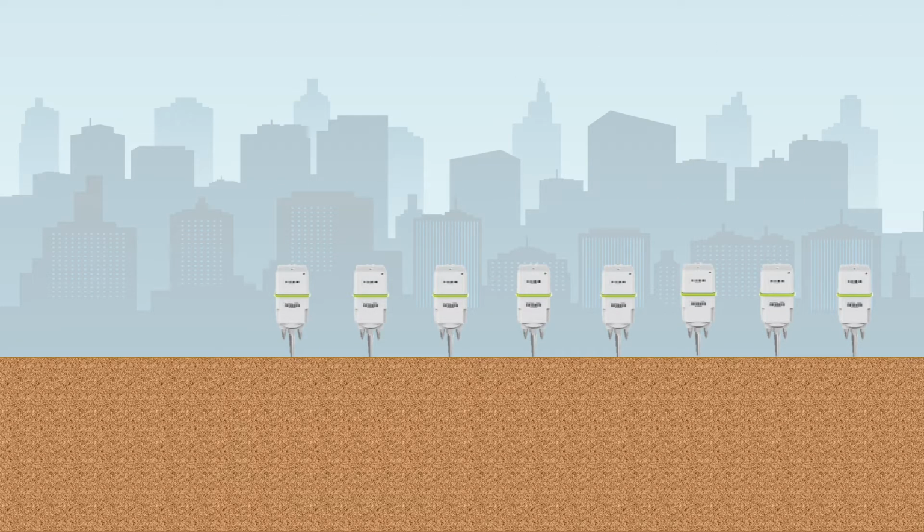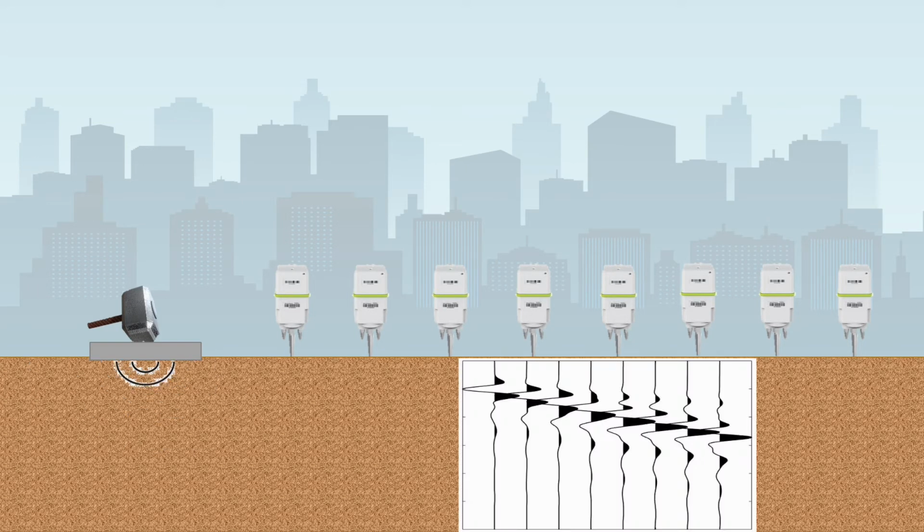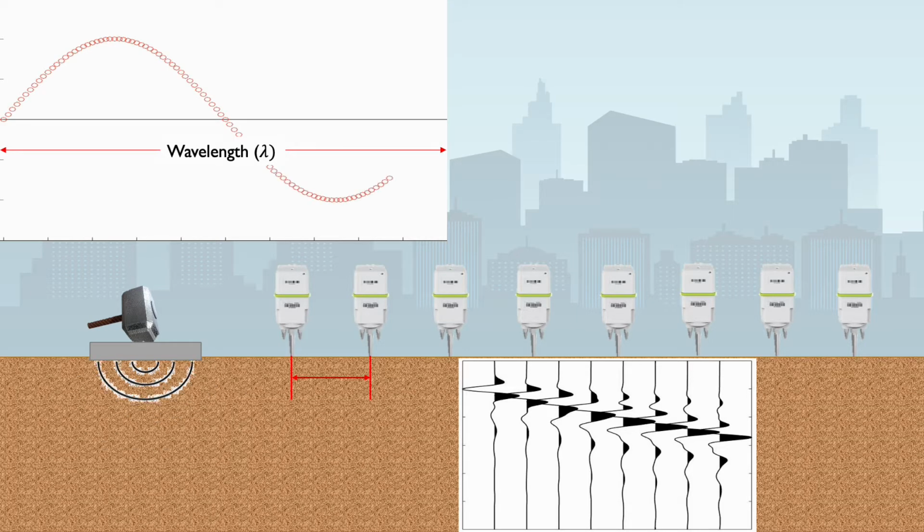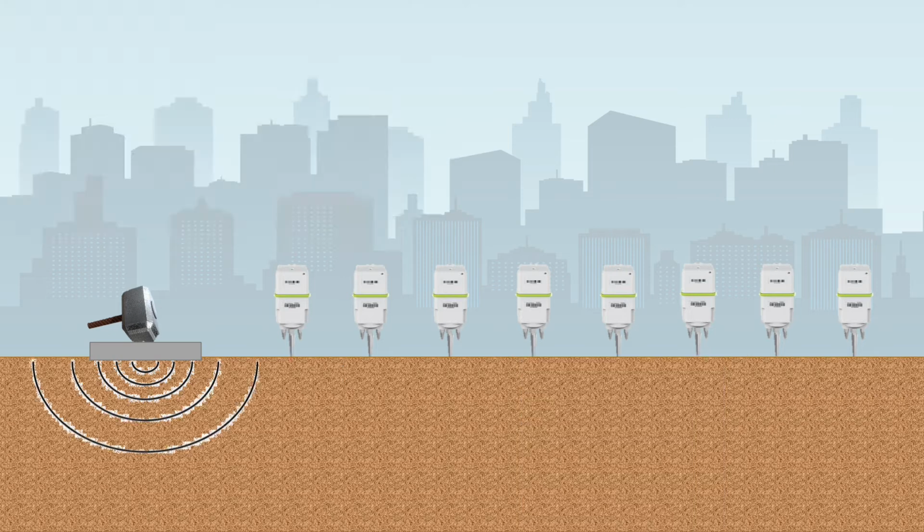Traditionally, a dense and regularly spaced sensor array is used to acquire surface wave data. The array is designed according to the sampling theorem, which states that the wavelength must be greater than or equal to twice the sensor spacing, which will otherwise cause spatial aliasing.